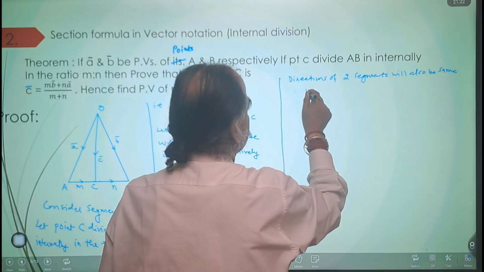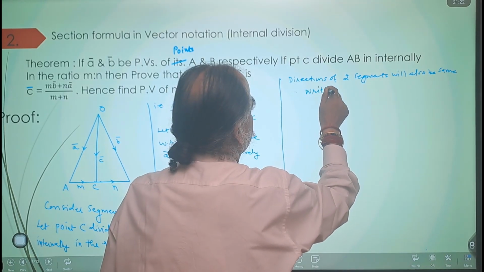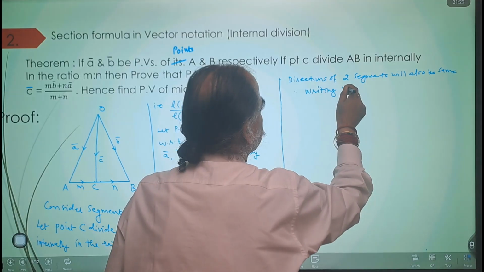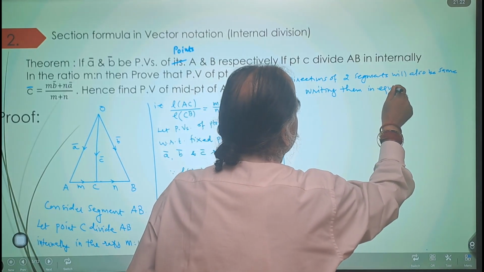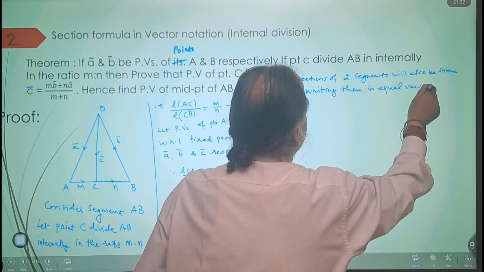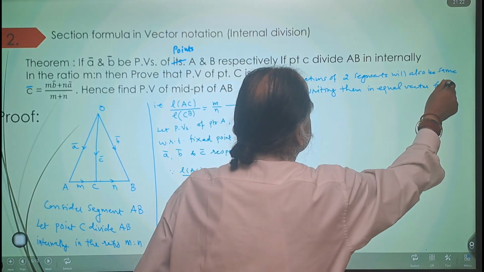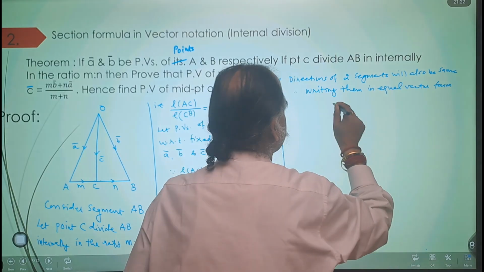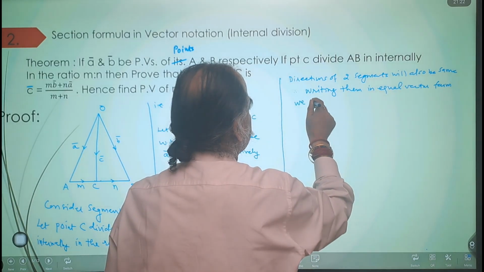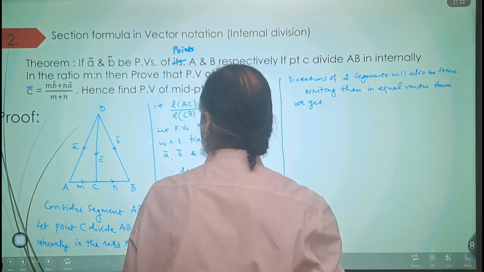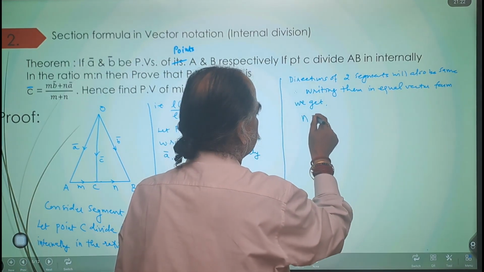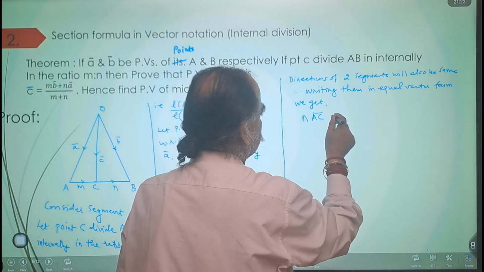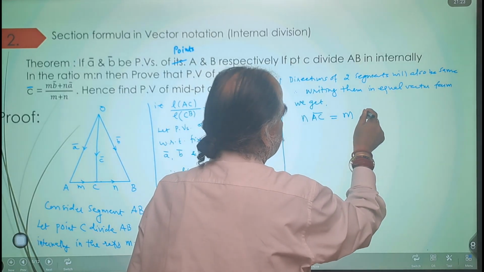Therefore, writing them in equal vector form, we get n times AC bar is equal to m times CB bar.